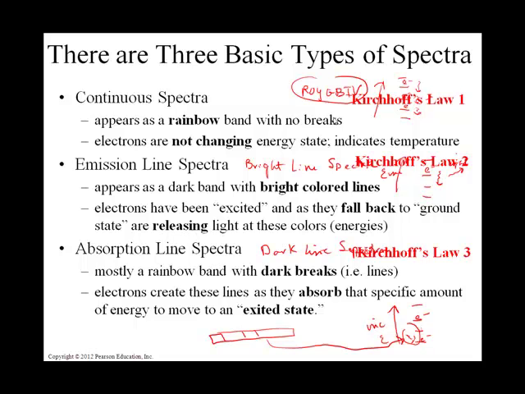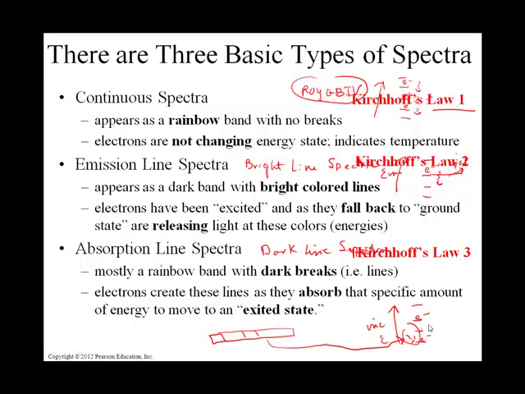Oh, it's a little bit messy over here. But Kirchhoff's law 1 is the continuous spectra, no lines. Kirchhoff's law 2 would be those emission lines or bright line spectra, where electrons are falling back down from excited states.